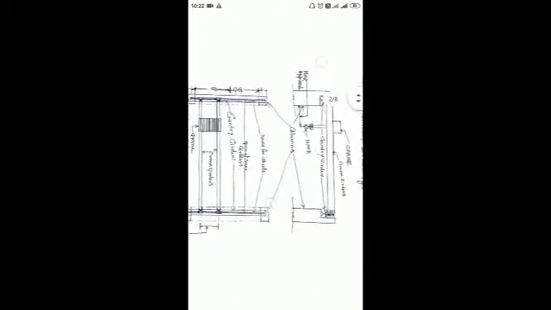You can see here, this is the minimum hook approach. And this is the span of the crane girder. And these two are gantry girders, one here and another here.